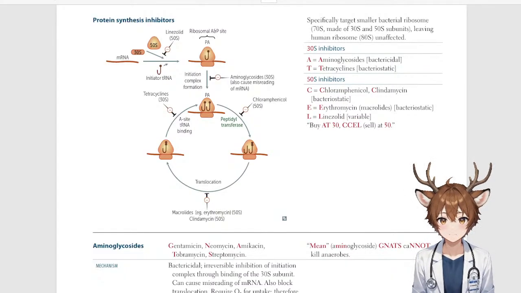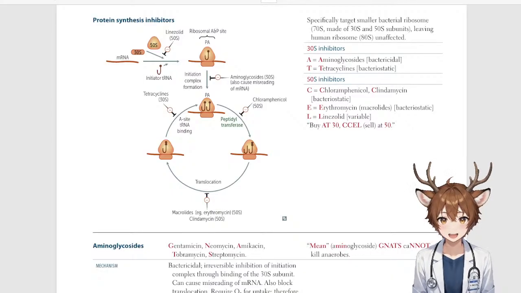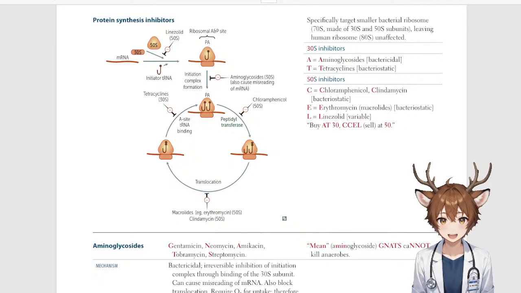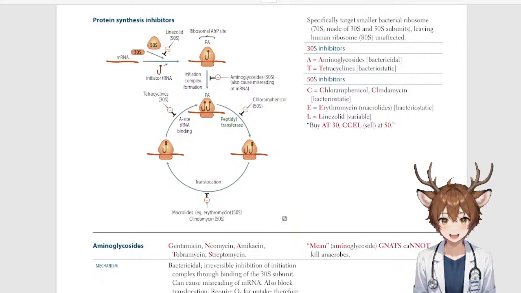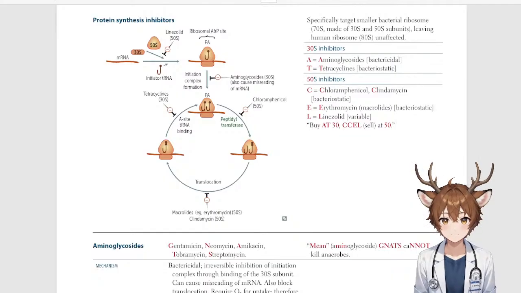There's a little picture right there for you to look at if you want; it gives you a diagram of how that stuff works. I have my own diagram, which is a little bit different. Just be aware that the locations where some of these 50S and 30S drugs work are actually different. Even though they say this is 30S, this is 50S, it is technically different places of the cycle.